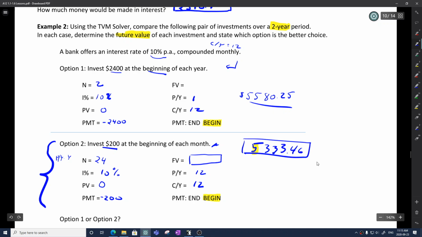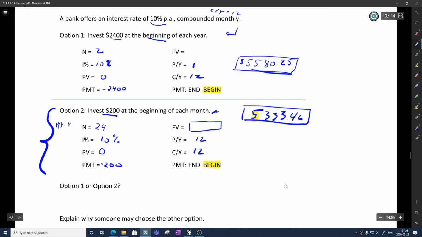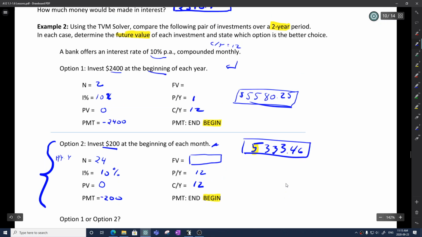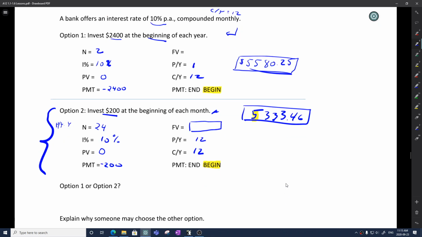So one investment is definitely worth more. Which is the better choice, option 1 or option 2? Presumably this question means which one is worth more. Well, option 1 is worth more. In each case, we have invested $4,800. So we've invested the same amount.